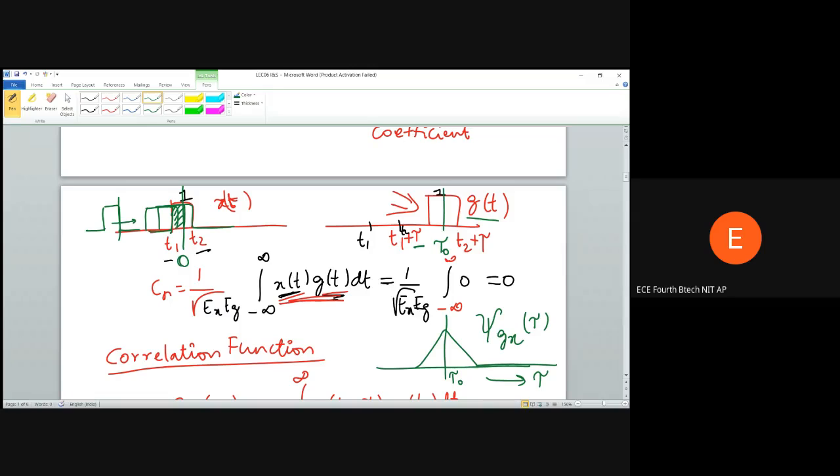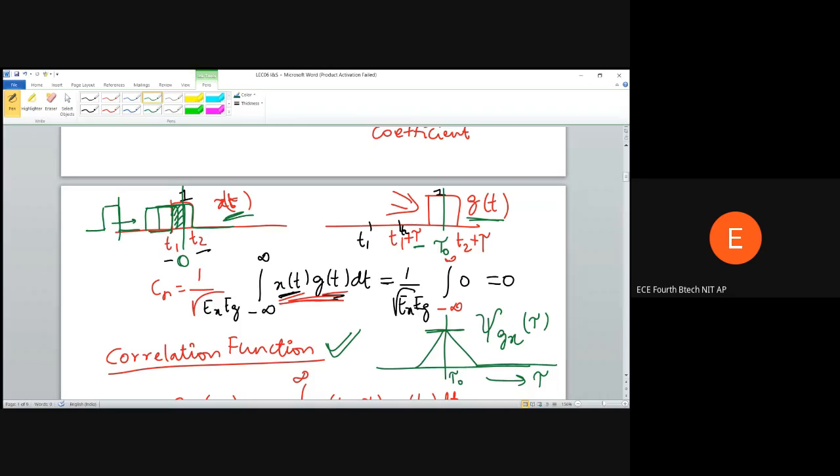So if you calculate the cross correlation between x of t and g of t, you are not only finding out at what time delay these two are similar, you are going to find out the peak value also. Peak value in the sense of whether those two are correlated or not. Two things you find using this correlation function, unlike the correlation coefficient.